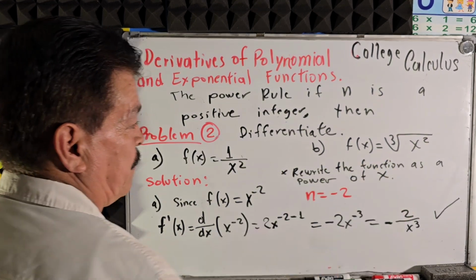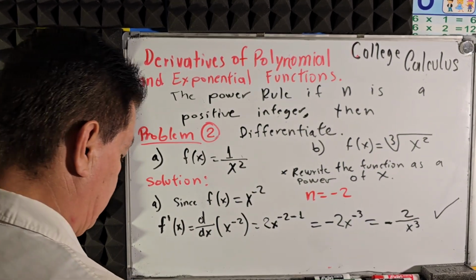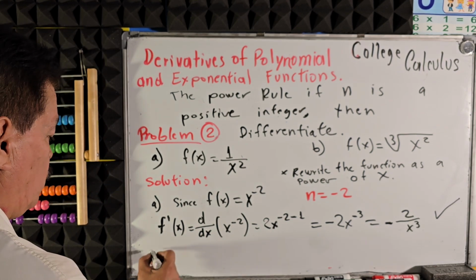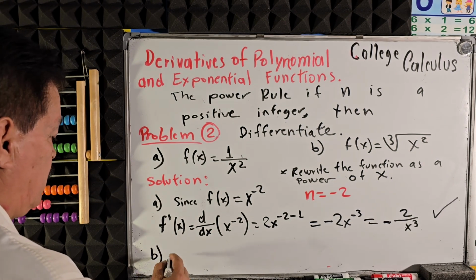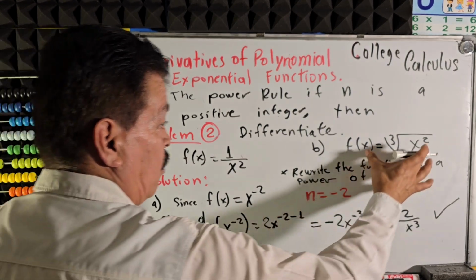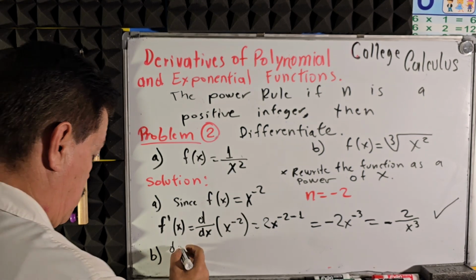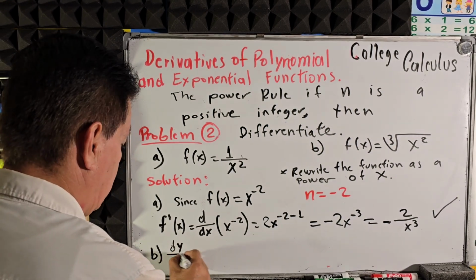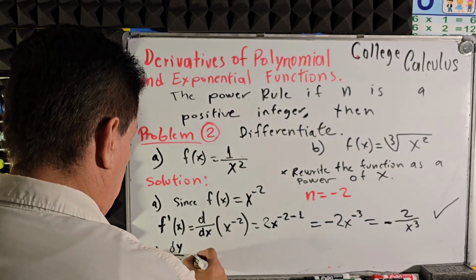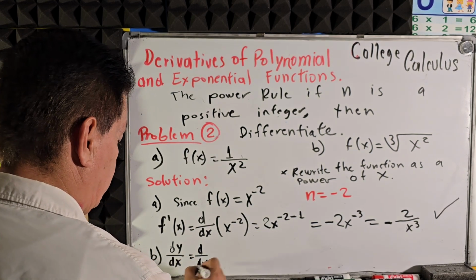The second one, we have to write b. Just write b right here. So this is our problem here. So write dy divided by dx equals d divided by dx.